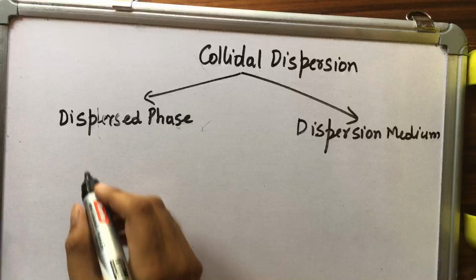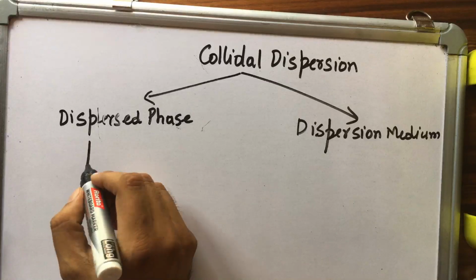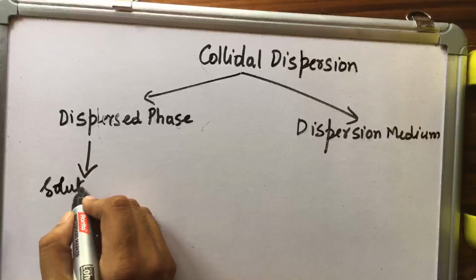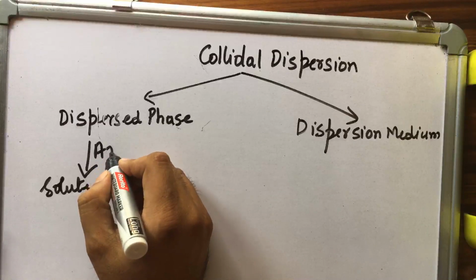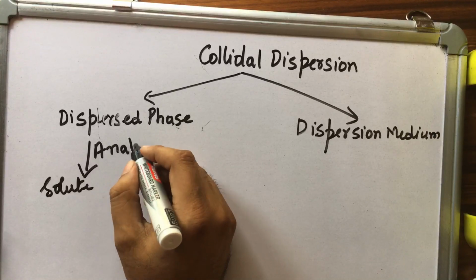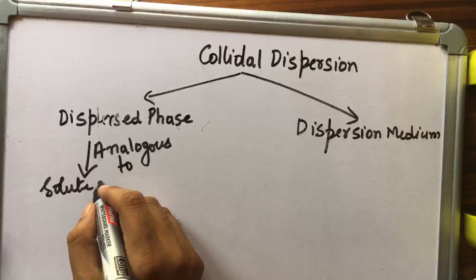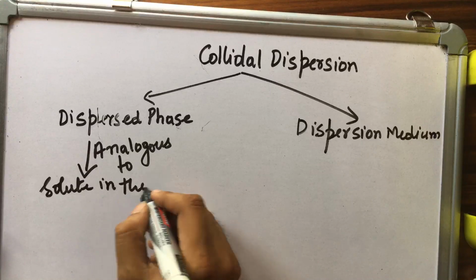So dispersed phase is analogous to solute in solutions. Analogous means what? Similar to. It is analogous to solute in the solution.